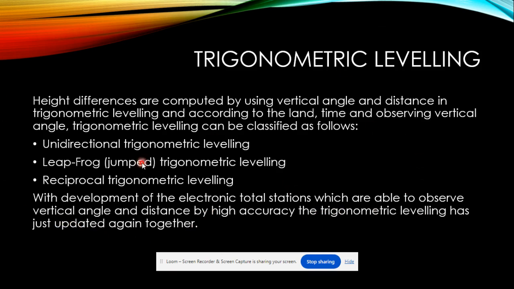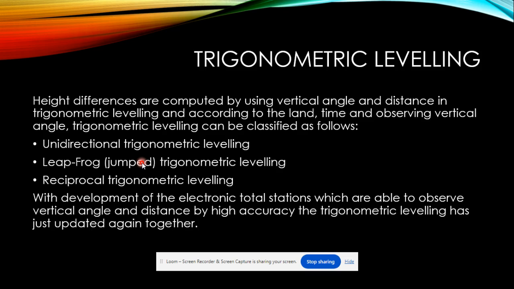So we'll say geometric leveling is used on gentle grounds. Conversely, trigonometric leveling is used on sloping grounds, because the machines used in trigonometric leveling have the capability of measuring sloping angles and distances.